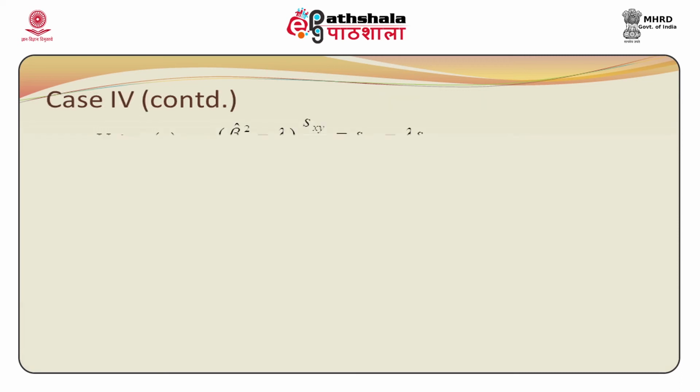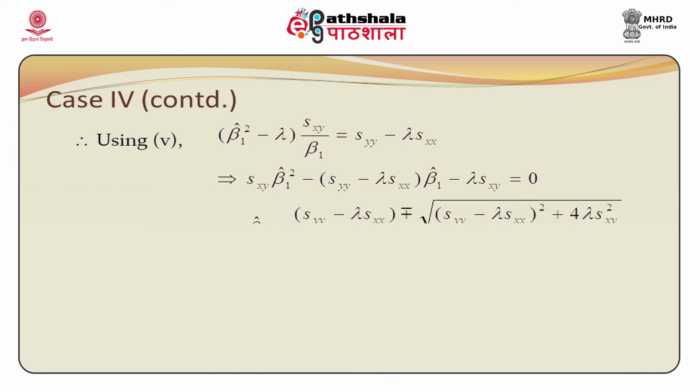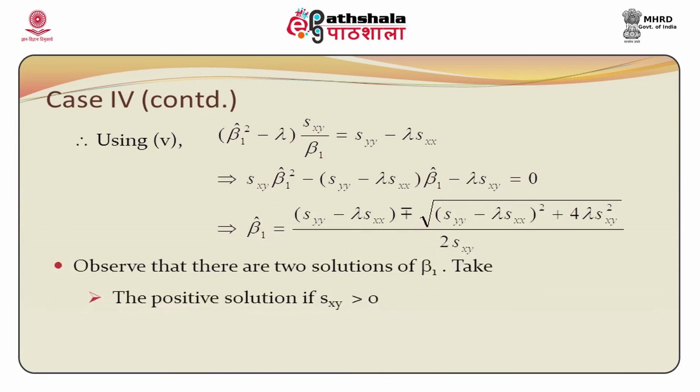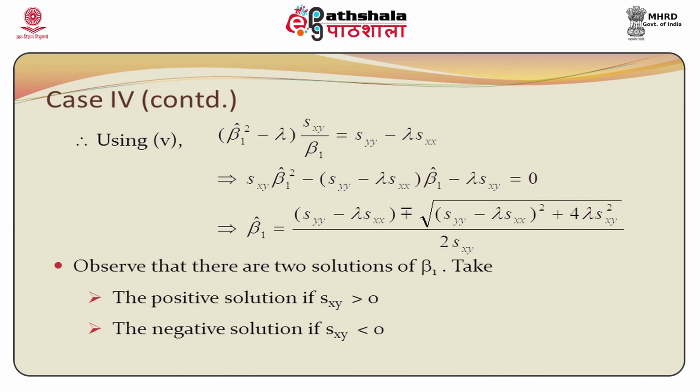And then if we use 5 to replace the sigma x star square in this equation, we have beta 1 square minus lambda s x y by beta 1 is equal to s y y minus lambda into s x x.